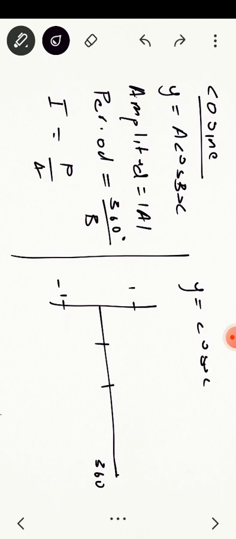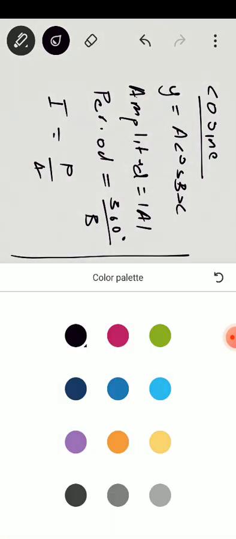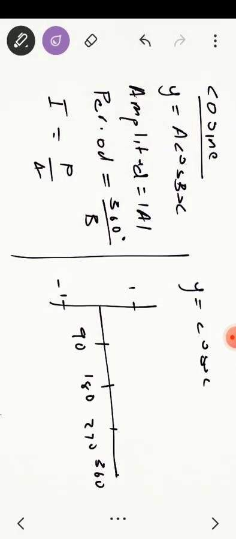So we're going to have our 90, 180, 270. So here the cosine function starts at 1. So meaning that the cosine of 0 is going to be 1. The cosine of 90 is going to be 0.